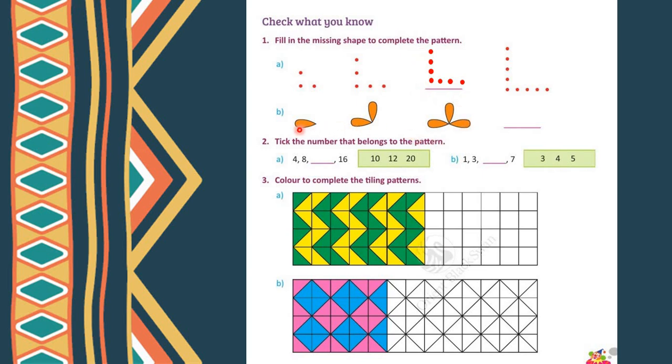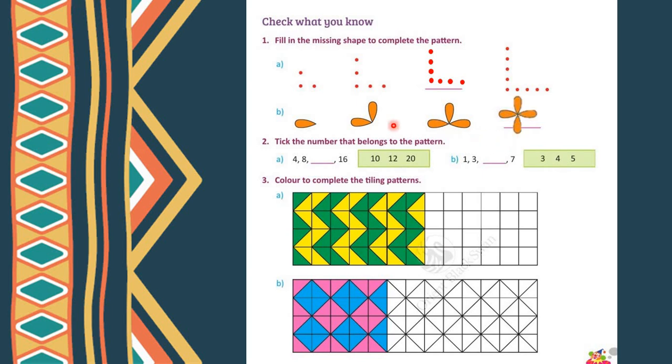Now let's move to B part of this question. In this, the pattern is showing you the petals and the petal is growing one by one, right? There is only one petal first, then there are two petals, then there are three petals, and then there would be four petals given in the shape of a plus sign like this, right?